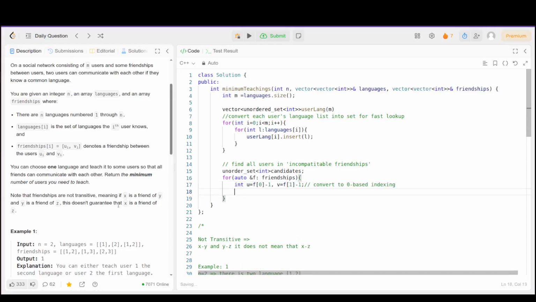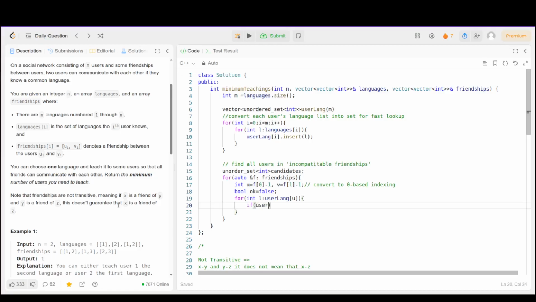Now we say common exists, okay, is initially false. For each language in user lang of u, we iterate over the languages known by user u and try to find whether it exists in v or not.